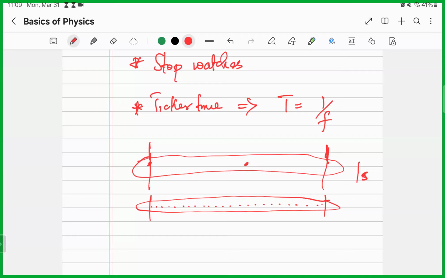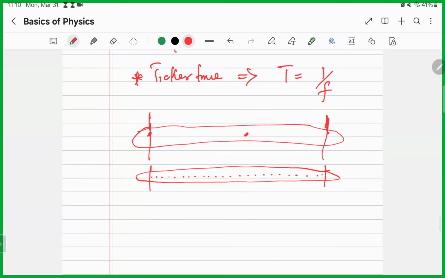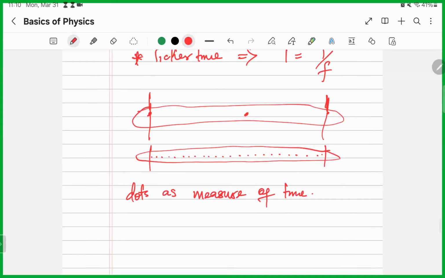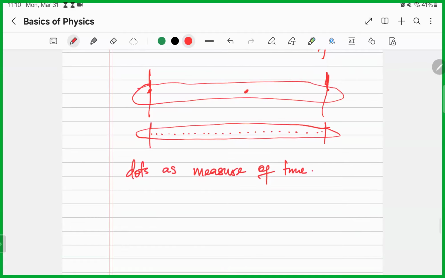So let me bring the idea so that you can understand it. So the ticker timer uses these dots to measure time. Dots as a measure of time. So let me take an example.